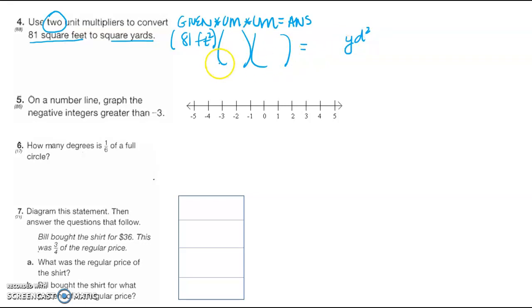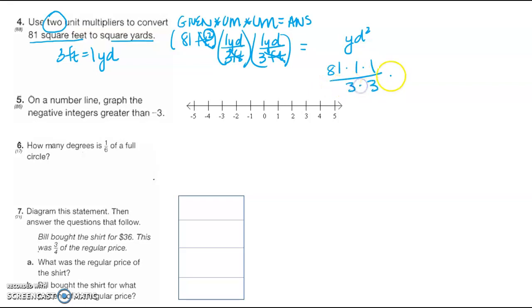So I want yards in the top. I know that 3 feet is equal to 1 yard. So I need yards in the top. There's 1, there's 2, and I'm going to need 2 because I have 2 feet squared here. So that cancels that out. I end up with 81 times 1 times 1 over 3 times 3, which is 81 over 9, which is 9.